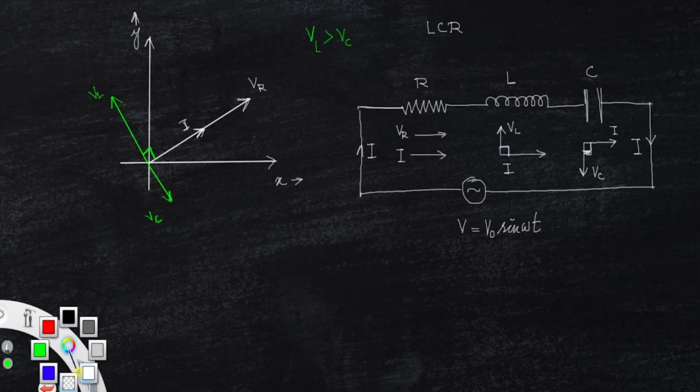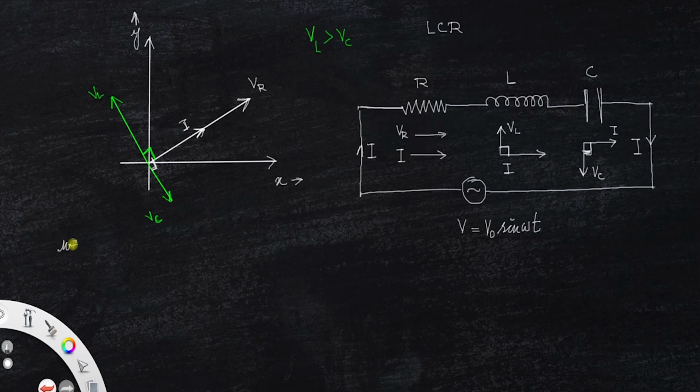Now VL and VC are along the same straight line. Again, this angle is also 90. Now first we have to find the resultant of VL, VC and VR. For that we can use vector analysis. Before that we must first find the resultant of VL and VC.